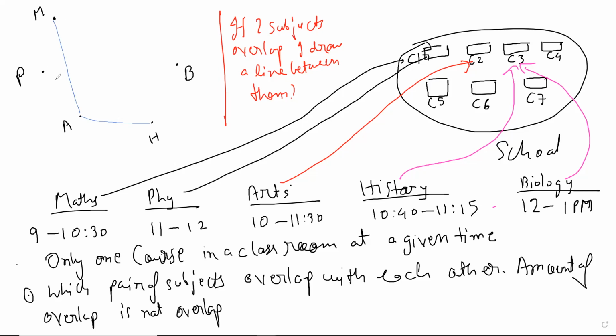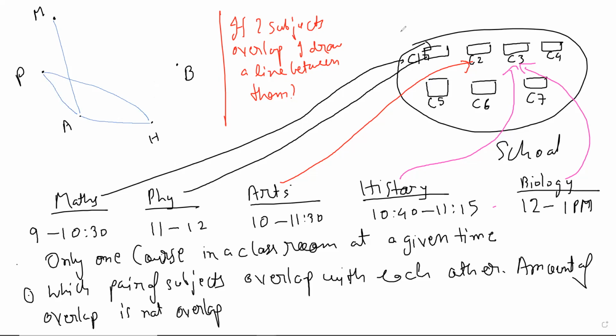No. So that's okay. Then the physics. Now physics overlaps with history. So I can join it. Does physics overlap with anything else? Yes, it overlaps with arts. So I'll join that. And biology overlaps with nothing. So that's not a problem at all.